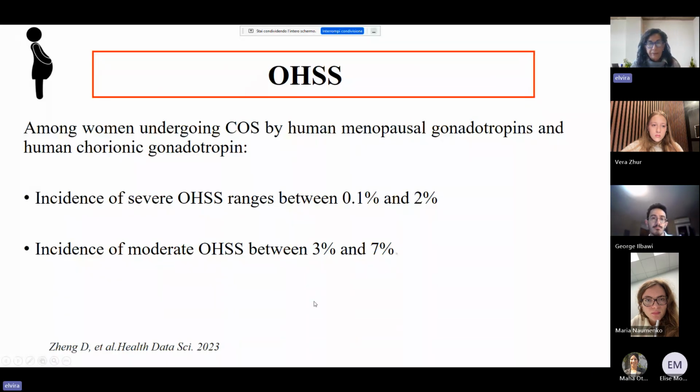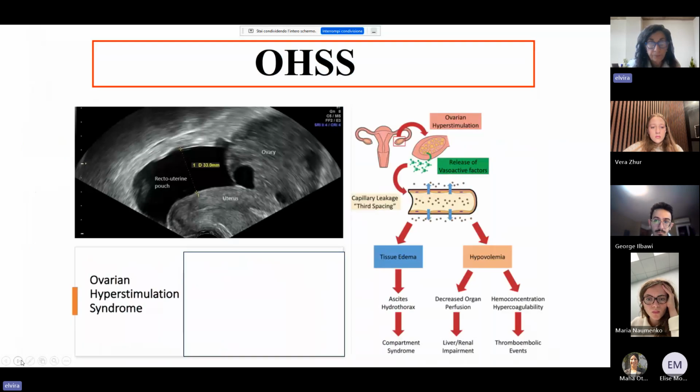And as anticipated, the ovarian hyperstimulation syndrome, especially the severe forms of the syndrome, can be associated to a controlled ovarian stimulation in 1 per 1,000 until 2% of cycles, and the moderate syndrome can be found in 3 to 7% of women undergoing a controlled ovarian stimulation.